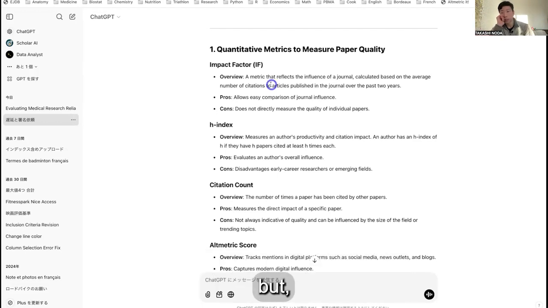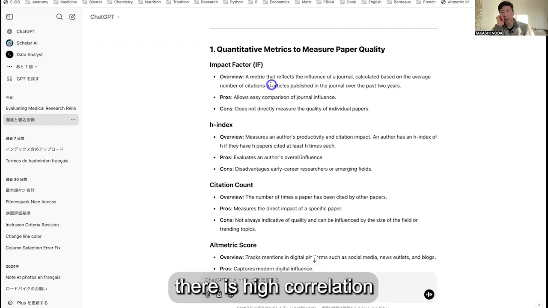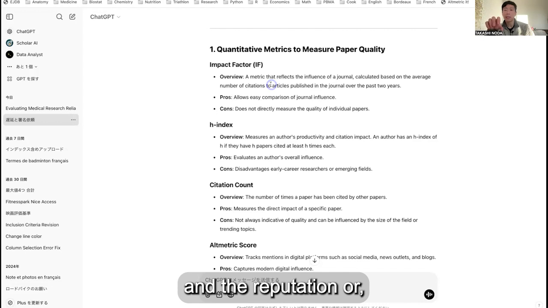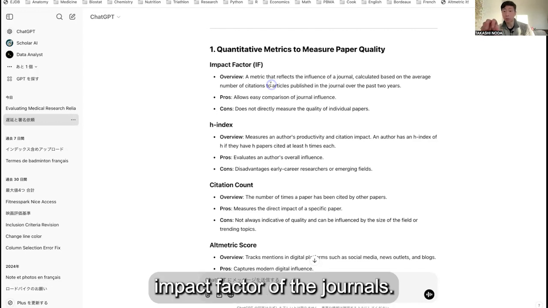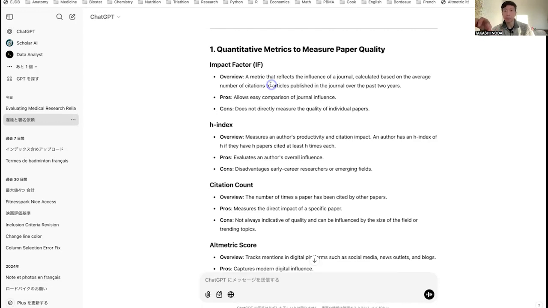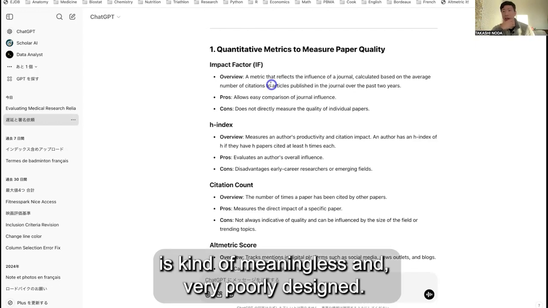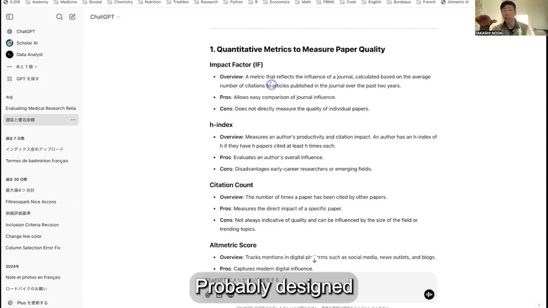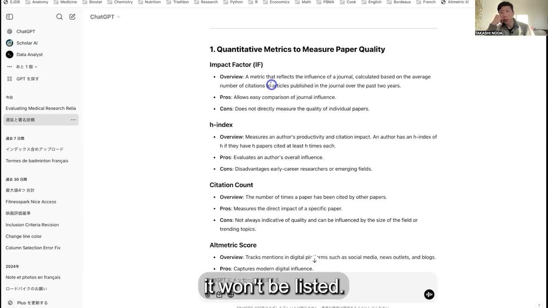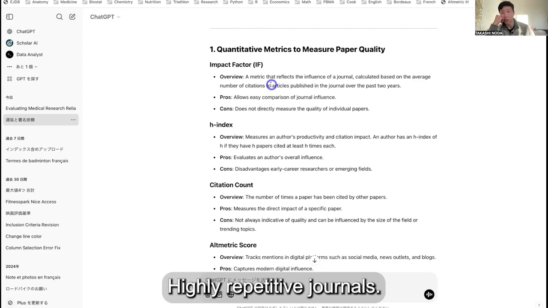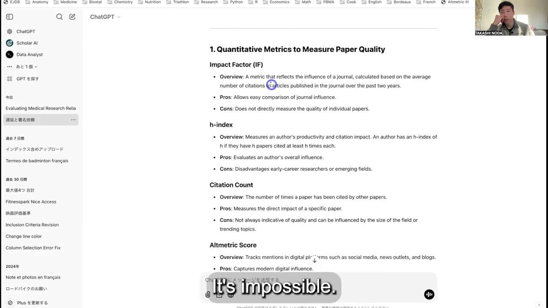But there is a high correlation between the impact or quality of the paper and the reputation or impact factor of the journal. If the study or paper is meaningless and very poorly designed, it won't be published in a good, highly reputed journal. It's impossible.